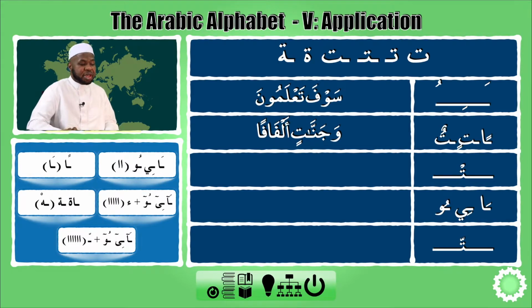And here when we have double sound, which is over here tanween, sometimes you may hear that the little noon or the silent noon as part of that double sound will usually be clearly pronounced or articulated. Sometimes it is hidden or merged with the letter that comes after it.